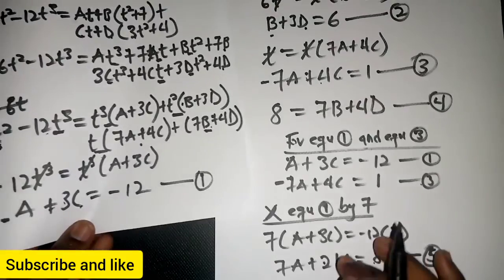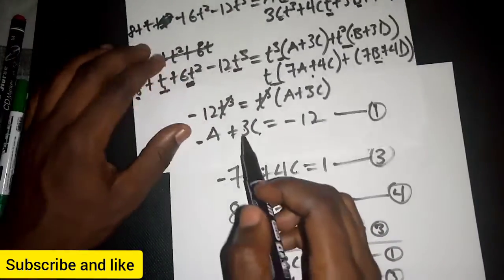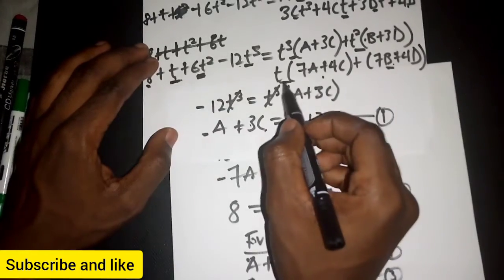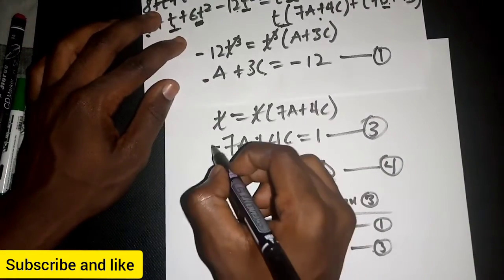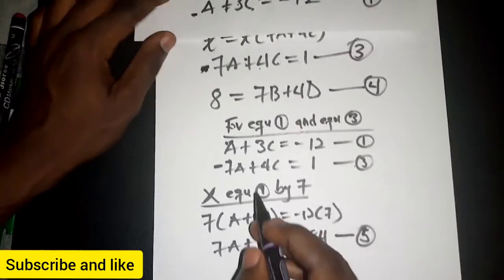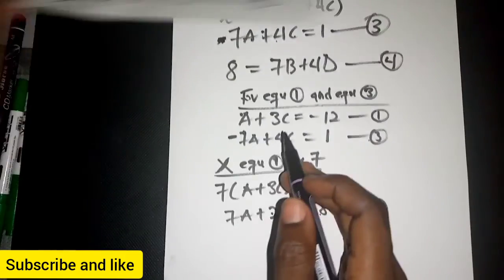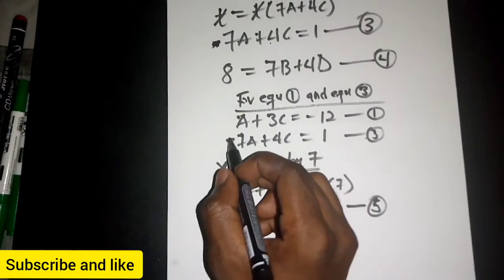Okay, so if you look at equation 3 over here, when we made the comparison, the t compared to that of t, it is positive, not negative. It is positive, sorry. So we have positive 7a plus 4c equal to 1. So we have a positive value here.